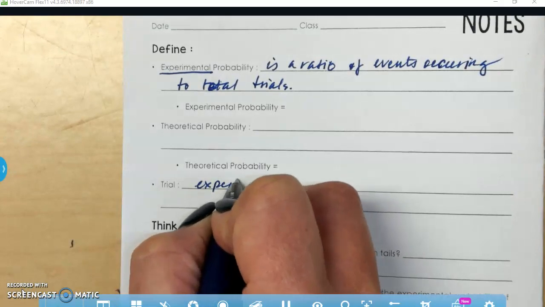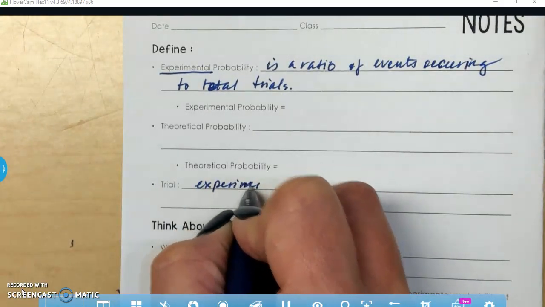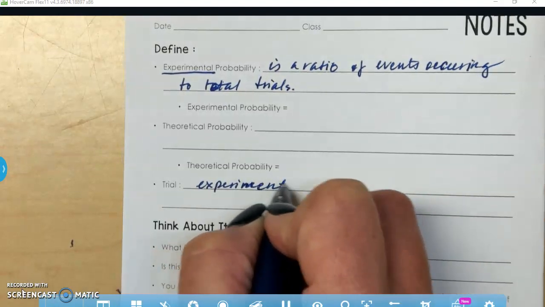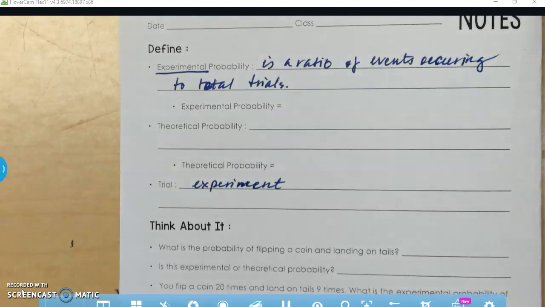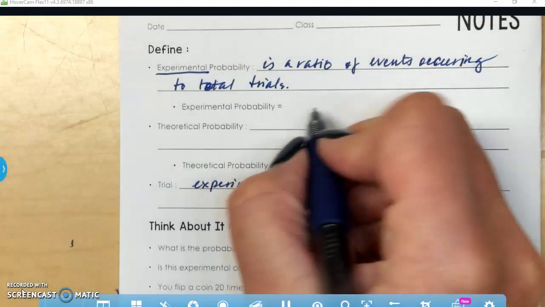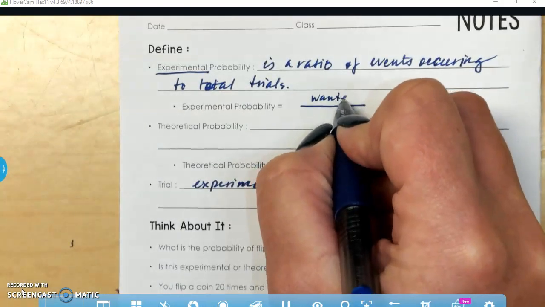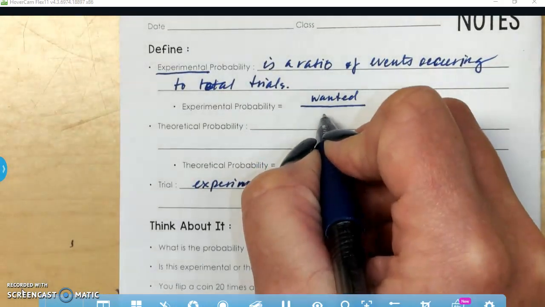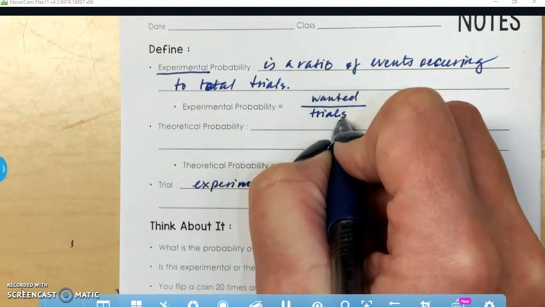Just like I mentioned, this is literally when we're going to say, let's toss that coin, let's spin that spinner. So our ratio is going to look very similar: wanted number, wanted color, whatever we're discussing, out of trials.